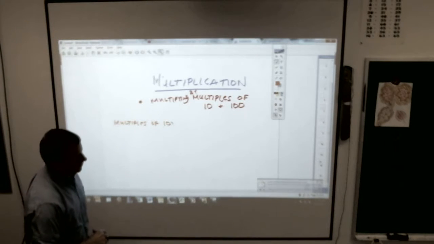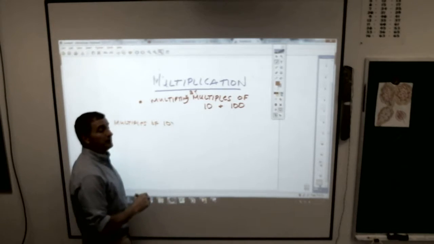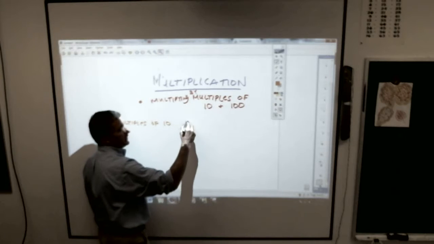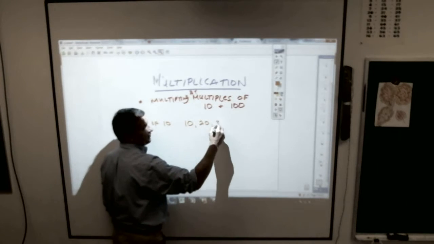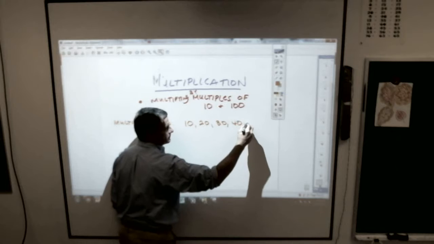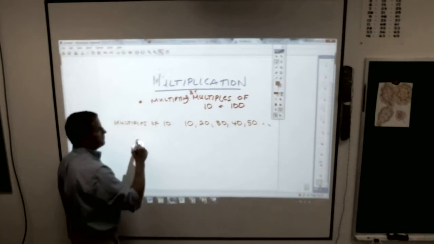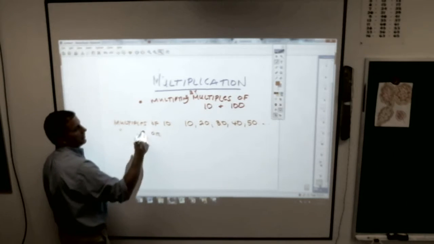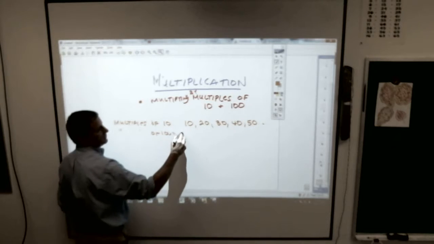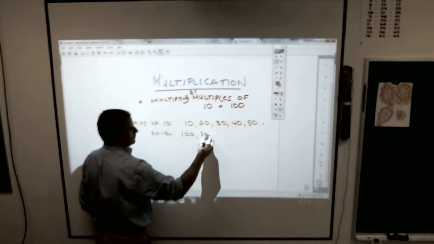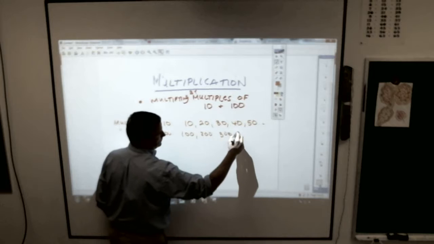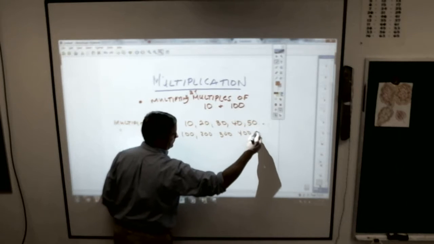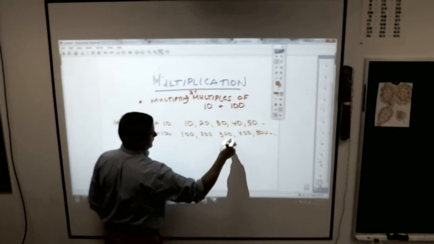Multiples are nothing more than counting by 10. So multiples of 10 would be 10, 20, 30, 40, 50. Just like multiples of 100 would be 100, 200, 300, 400, 500, and then it goes on forever.